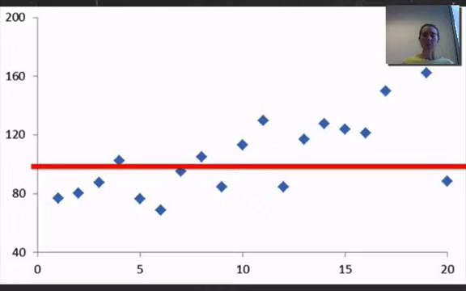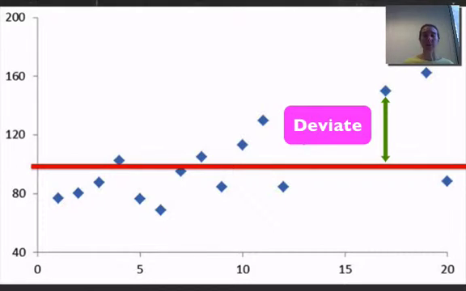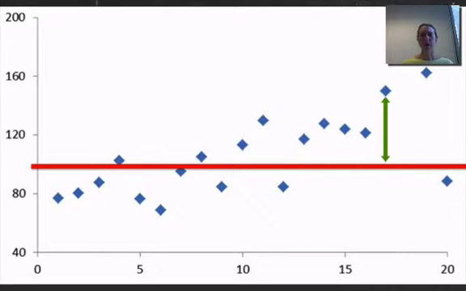Now, once I have this, we see that some of my rides were longer than the mean and some were shorter than the mean. And we can take each of those points and say, how far is it above or below the mean? That is, we're saying how much does each of these rides deviate from the mean value that I have. I can look at one score and see how far that is from the mean.